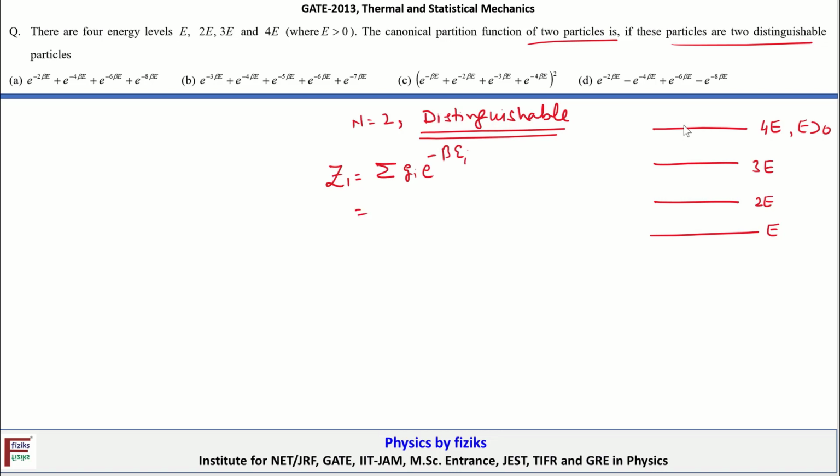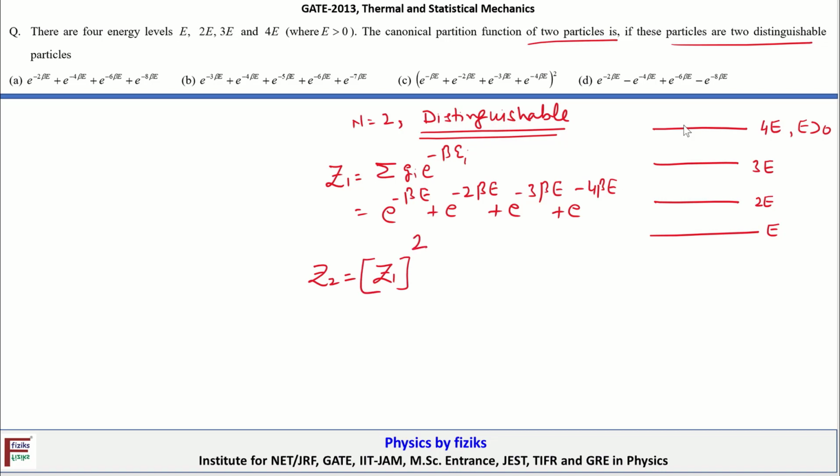Because g is 1 for all the energy states, the partition function will be exponential minus beta e plus exponential minus 2 beta e plus exponential minus 3 beta e plus exponential minus 4 beta e, and the 2 particle partition function Z2 is equal to Z1 squared because particles are distinguishable.